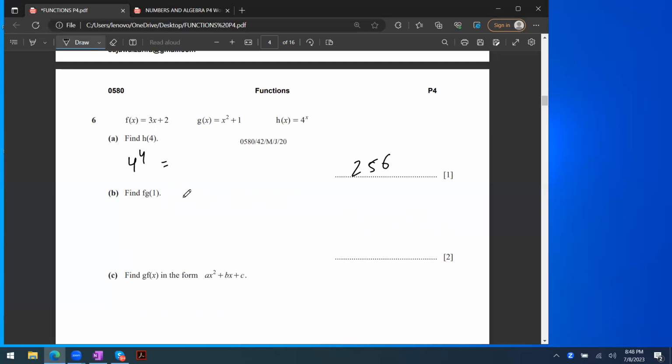f of g of 1. Can you try, Shavez, Aisha? First find g of 1. Then put it in the f function.